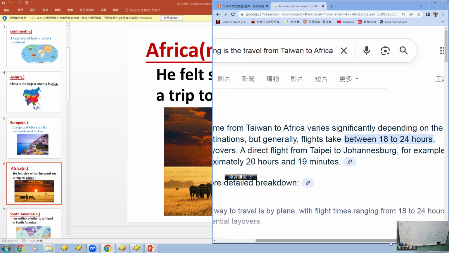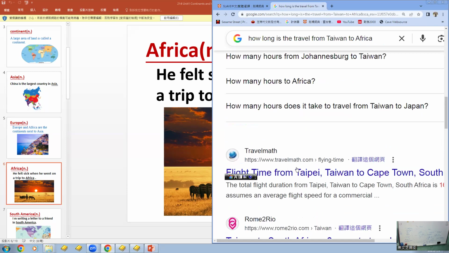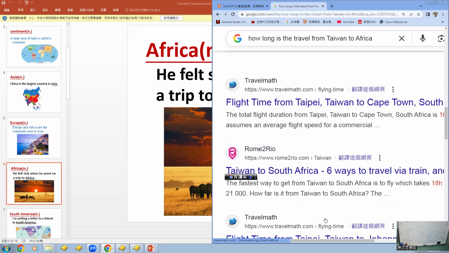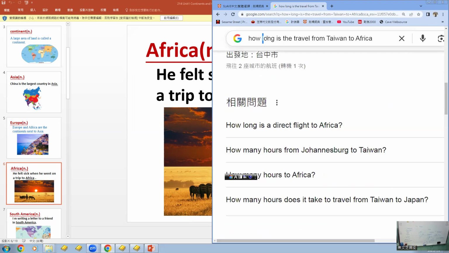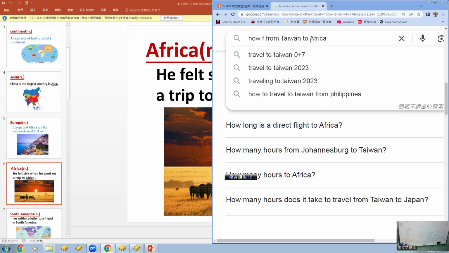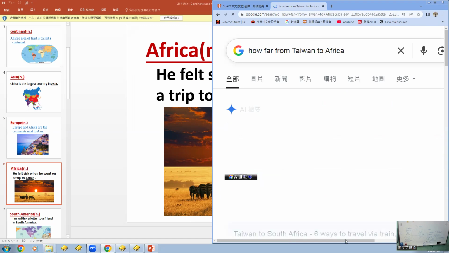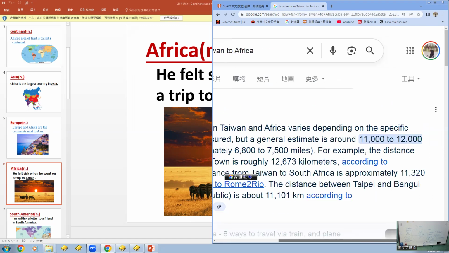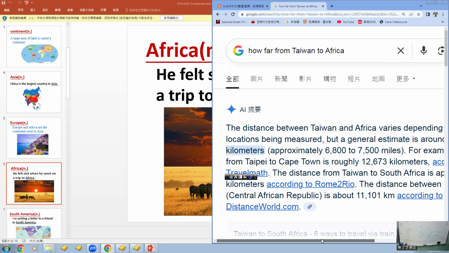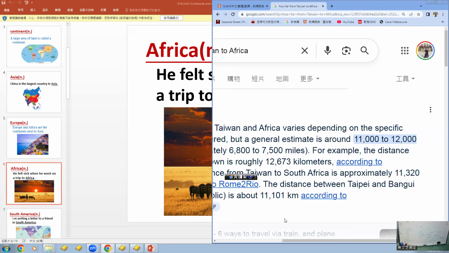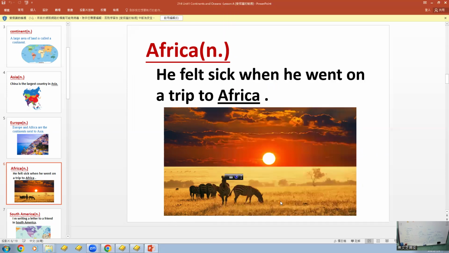How far is the travel? 11,000 to 12,000 kilometers.